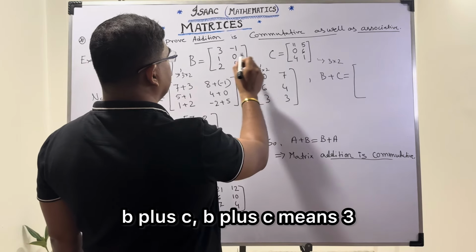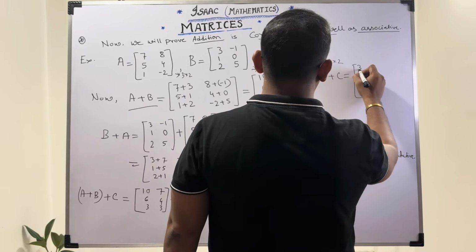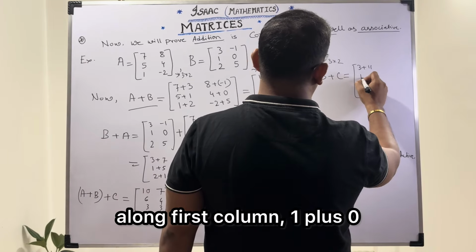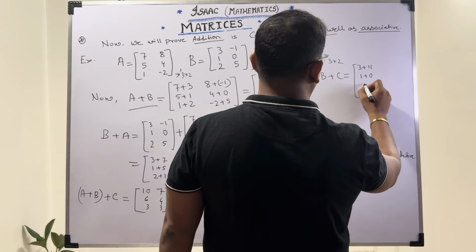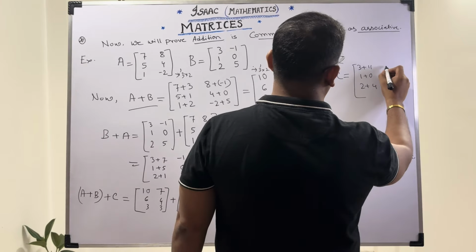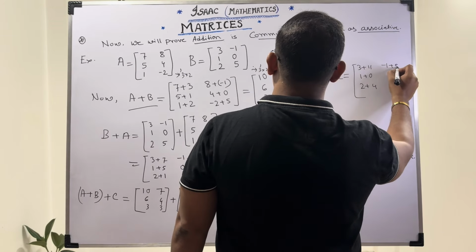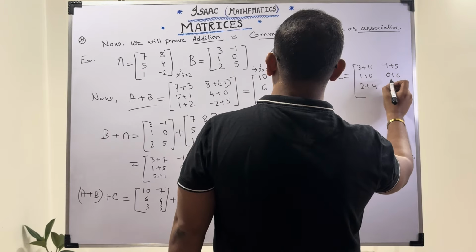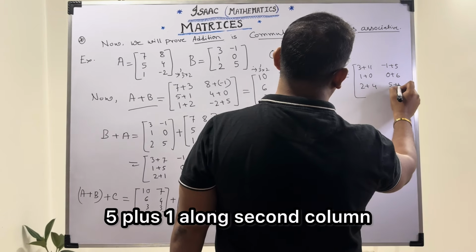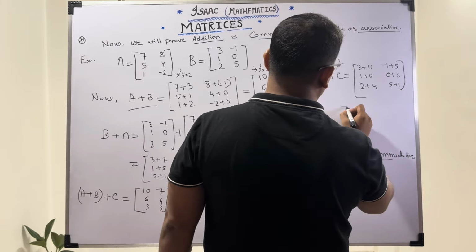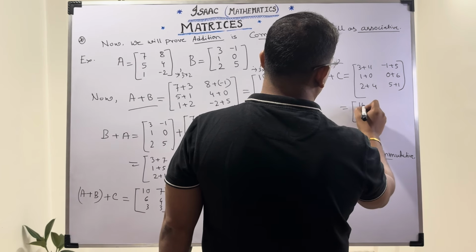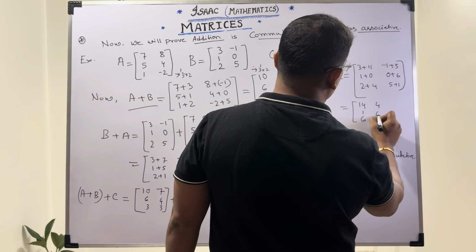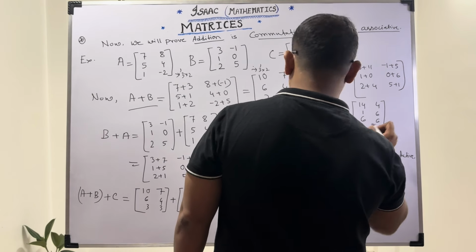B plus C means 3 plus 11. Along first column 1 plus 0, 2 plus 4, minus 1 plus 5, 0 plus 6, 5 plus 1 along second column. This will give 14, 1, 6, 4, 6, 6.